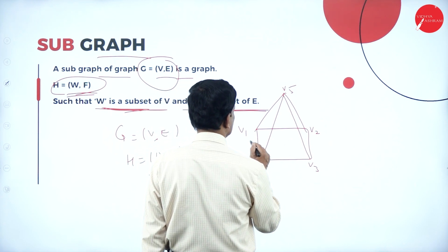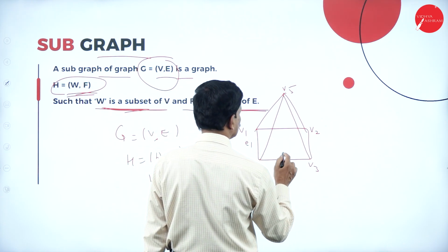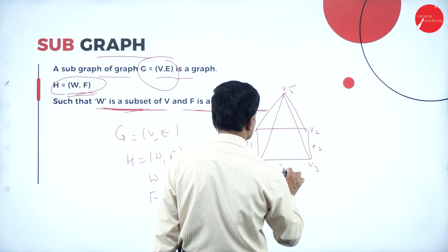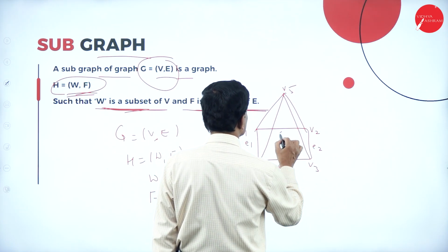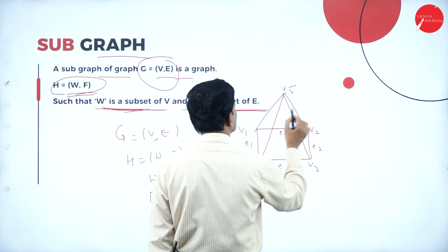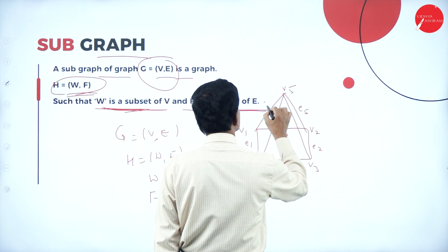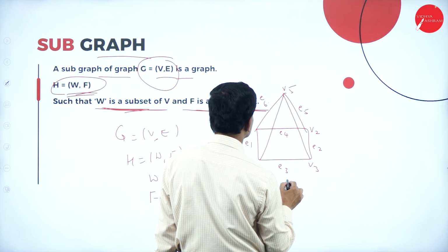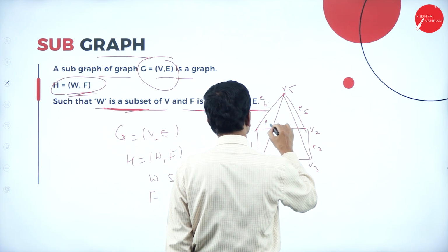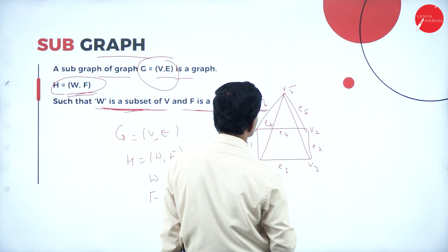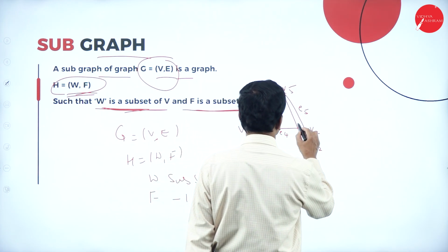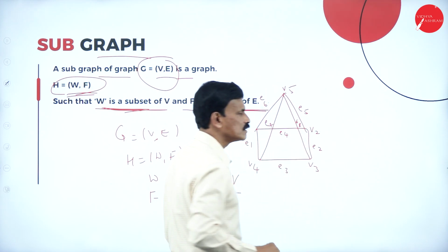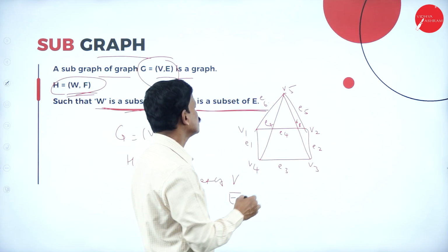Edges are E1, E2, E3, then E4, E5, E6, and this one E7. Even this also, E8.